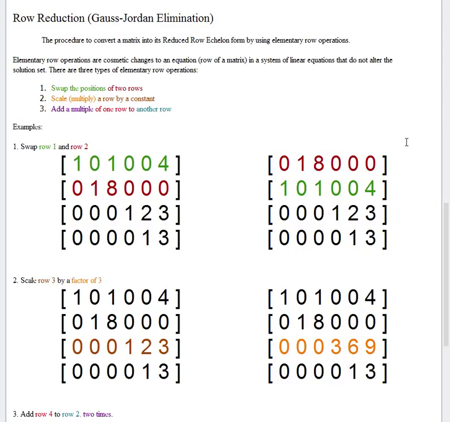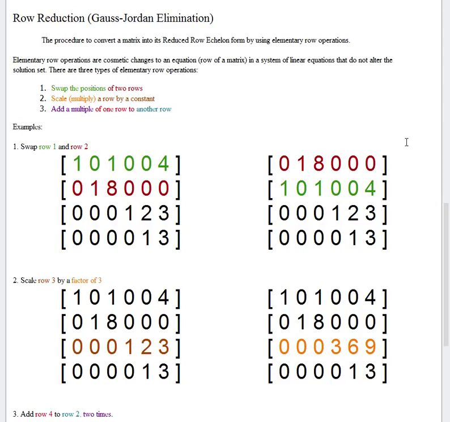So a matrix isn't necessarily always a system of linear equations. It's just a mathematical construct. But in linear algebra, it's useful to write a system of linear equations as a matrix. So that's the context we're talking about.